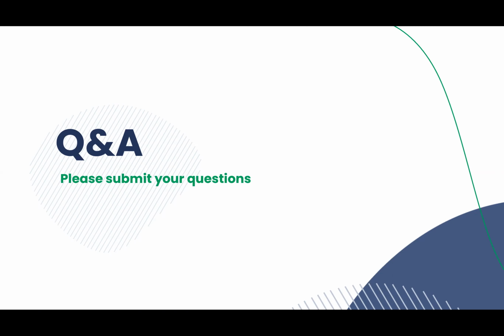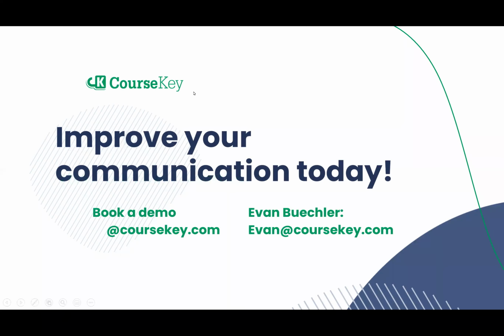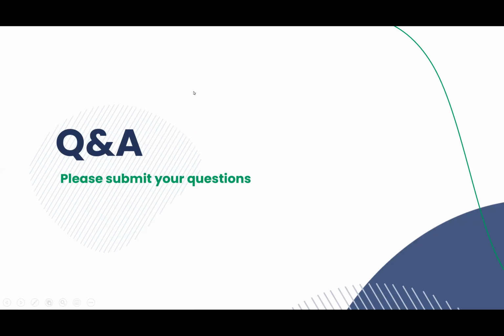It says, can a school use this tool to reach out to every student at the campus, not just those enrolled in a single course? Yeah, we've actually seen a few schools enroll. And if you're not familiar with CourseKey, students are enrolled in a course just like they would be in your SIS or your LMS, so that will look very similar. But what we've seen some schools do as they've moved toward more online or blended learning is set up a global course where they can register all the students or large groups of students that may need to get information shared with them on a regular basis.